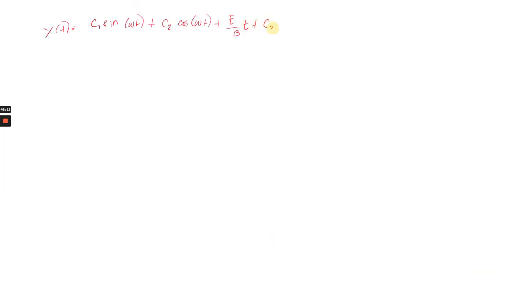If you take the first derivative, you get omega C1 cosine omega t minus omega C2 sine omega t plus E over B. Okay?